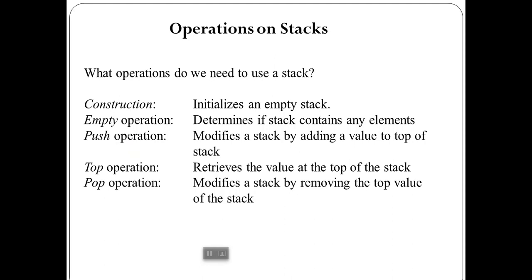So in the beginning we need to construct an empty stack and initialize the proper structure. The second operation is the empty operation. It finds out whether the stack is empty or not, whether the stack contains any elements or not. And the two important operations are the push and the pop operation.